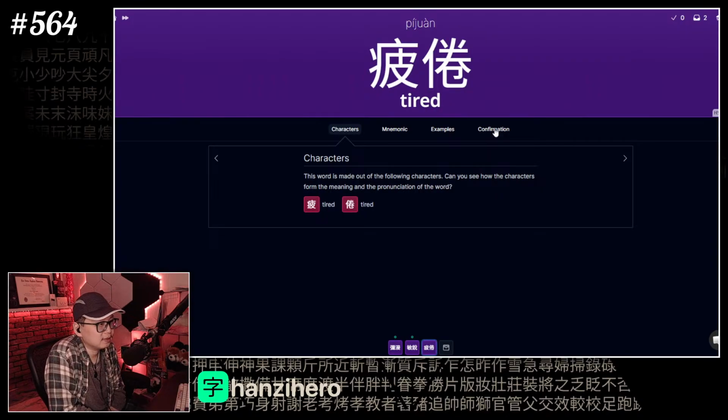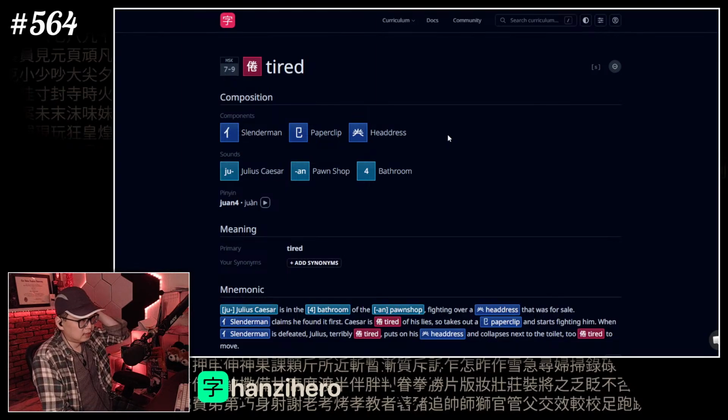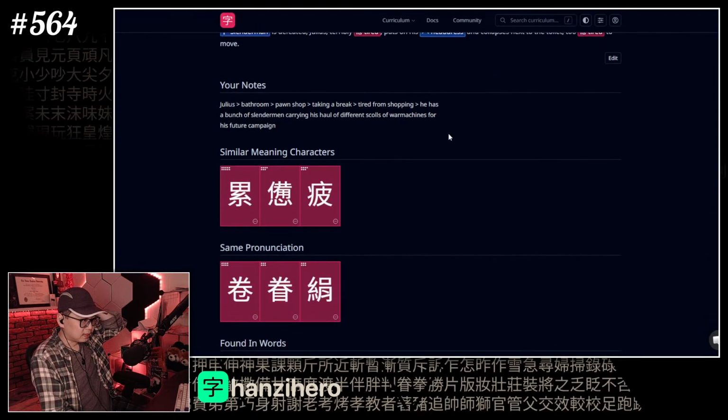Oh no. Oh, the other one was used in a more dynamic way. Zhen. Oh, that looks like Zhen. However, tired is not what I would have thought. We got the actual scroll.